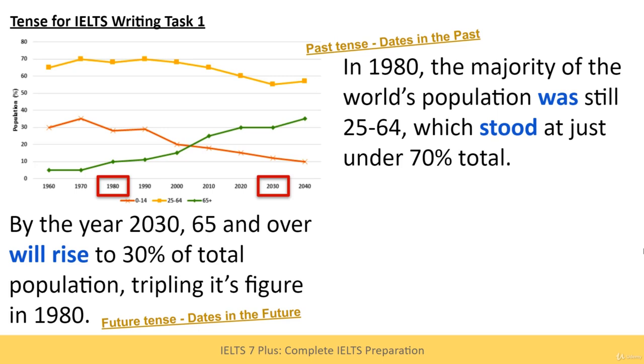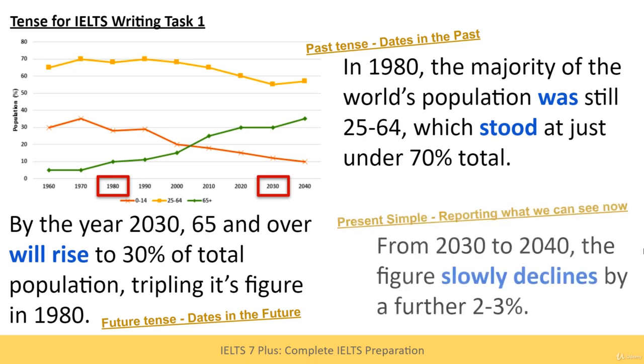Future tense can be used for future dates, but we can also use the present simple tense for this. From 2030 to 2040, the figure slowly declines by a further 2.3%. And that's because in my voicing, in the tone of my writing, I'm reporting what I see now. So I use the present tense when I'm saying I am seeing this now.